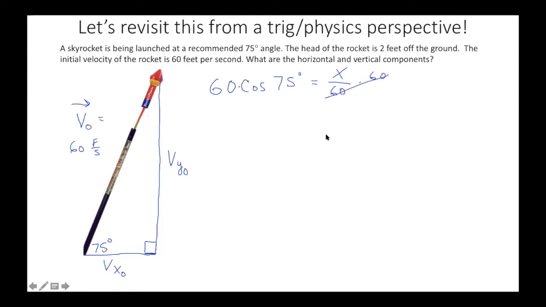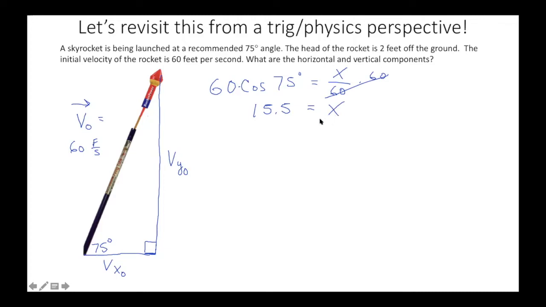Take your graphing calculator, press 60 times cosine 75. We will round to the nearest tenth, which is probably not good enough for rocket science, haha, but good enough for our purposes. So 60 times cos 75 should be approximately 15.5 rounded to the nearest tenth. All right. So that is our x component.